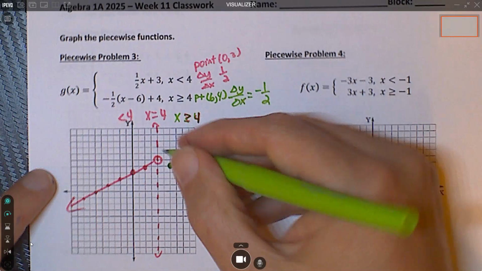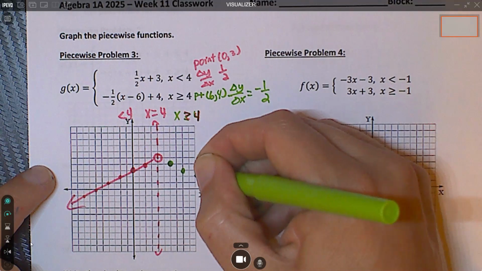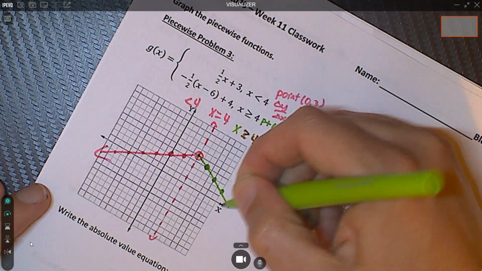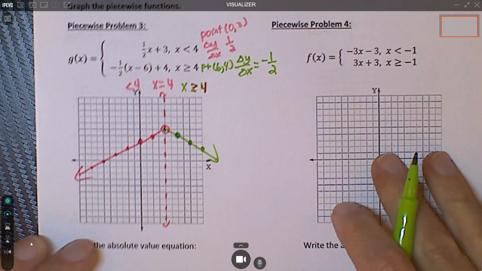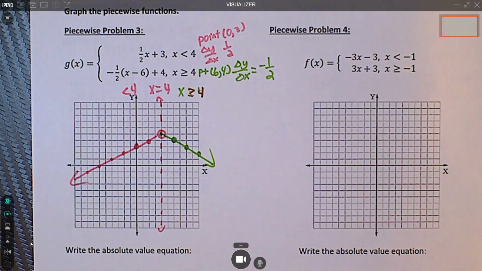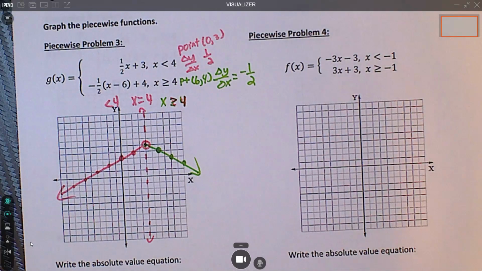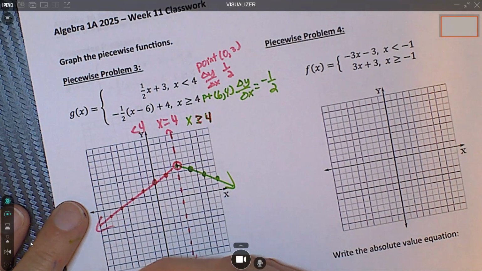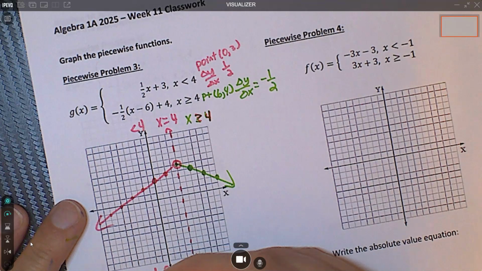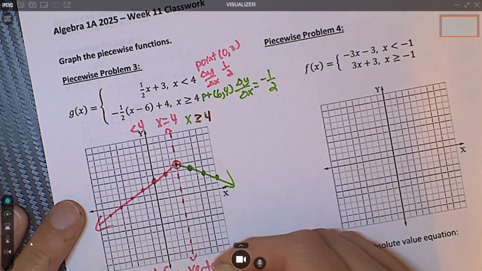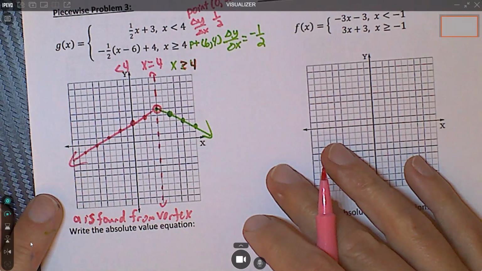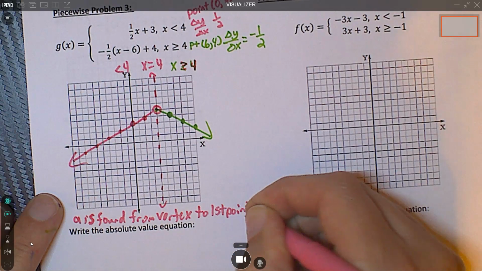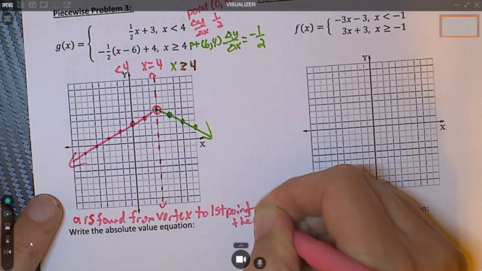And then the slope's -1/2, down 1, right 2. A is found from vertex to first point on the right.